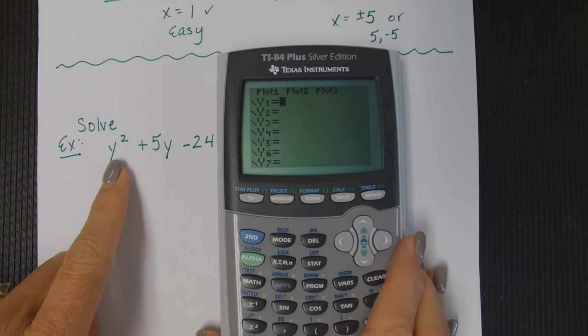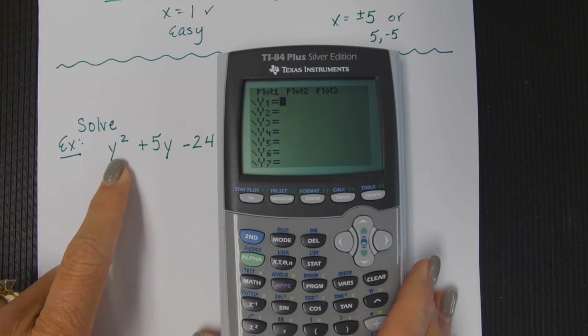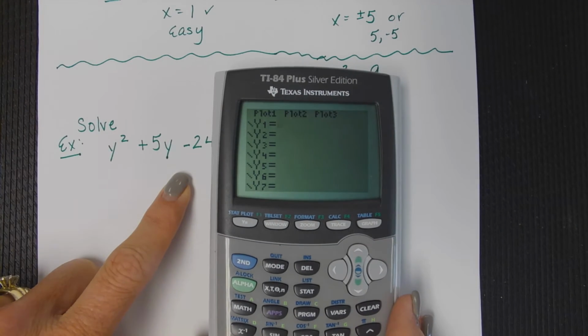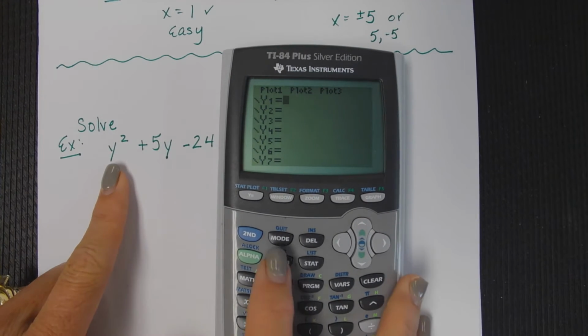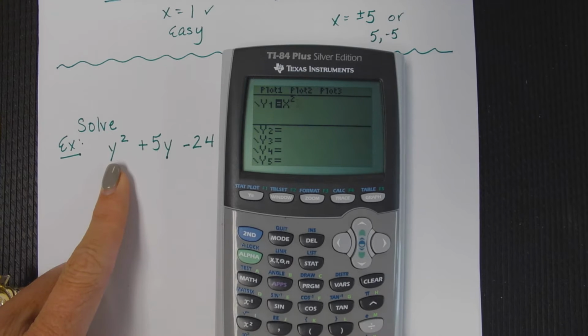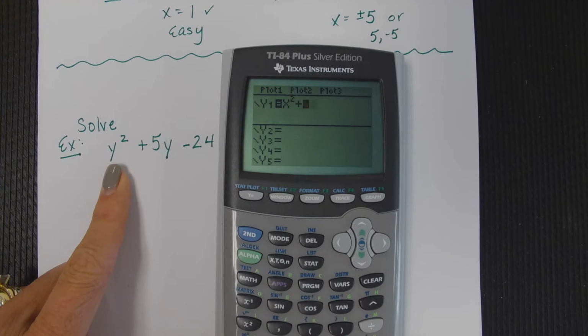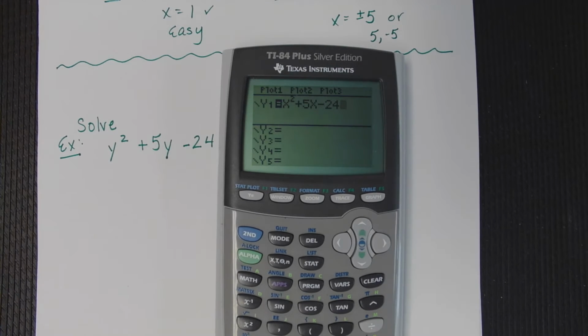Now, the variable we're solving for is y, but I'm going to use x because of the calculator. Are y'all okay if I do that? So I'm going to say x squared plus 5x minus 24. On Tuesday, we solved for x by graphing.